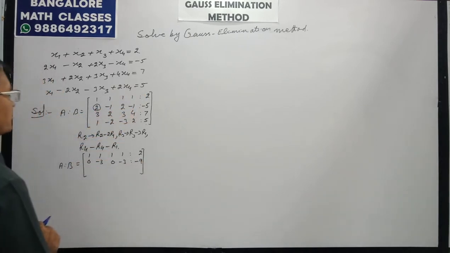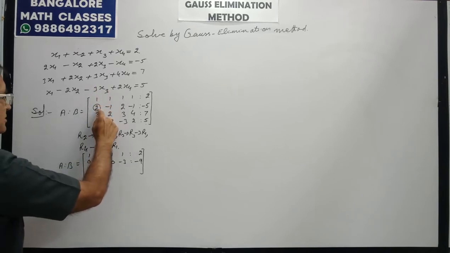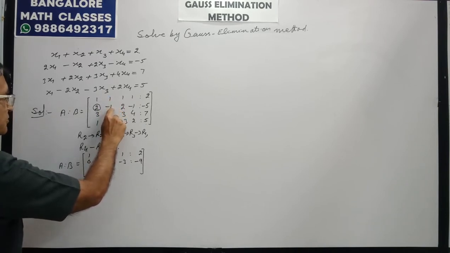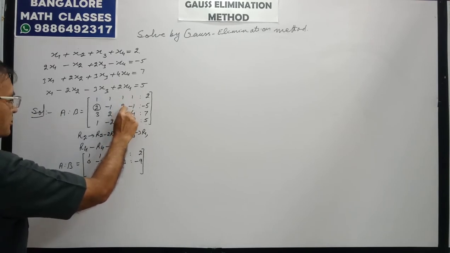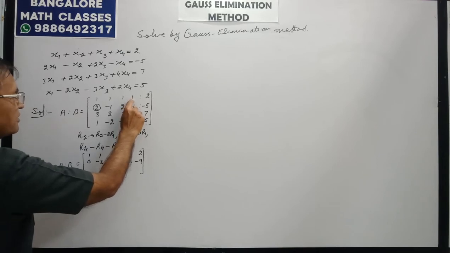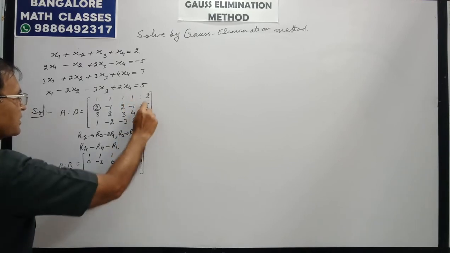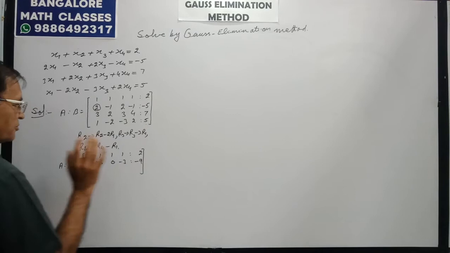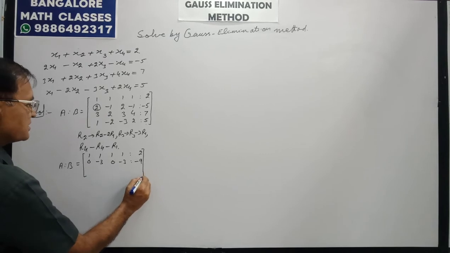Means I am supposed to make this double and minus. 0, double and minus means minus 2, minus 2, minus 1, minus 3; double 2 and minus, 2 minus 2 will get 0; double minus 2 and subtract means minus 2, minus 1, minus 3; double 4 and minus, 5 minus 4, minus 9. Do this carefully, chances of mistakes are here only, otherwise it is just addition and subtraction.